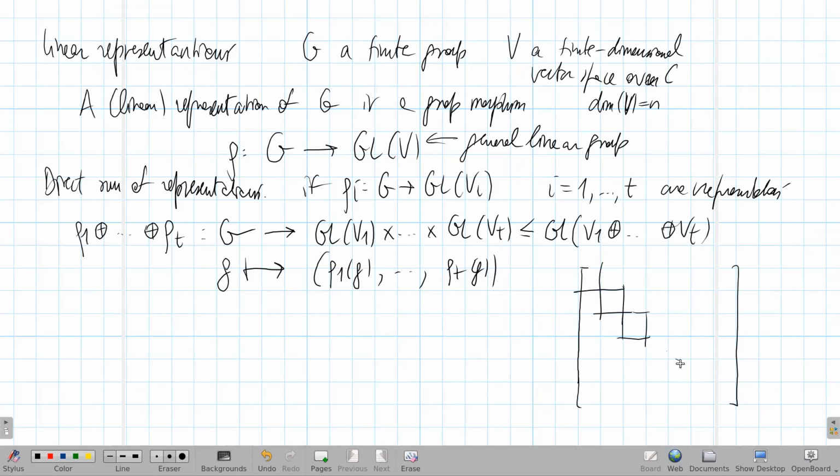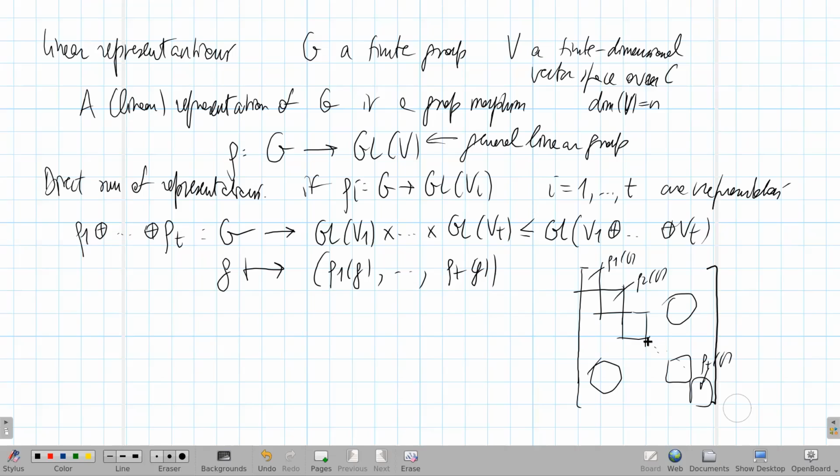All the squares are equal, but in general the dimensions could be different. So it's something like that, where here you have rho 1 of g, here we have rho 2 of g, and so on, rho t of g. Everything is 0 except on the block diagonal, okay? So each rho i acts on V_i. So we don't have full matrices, but something like that.